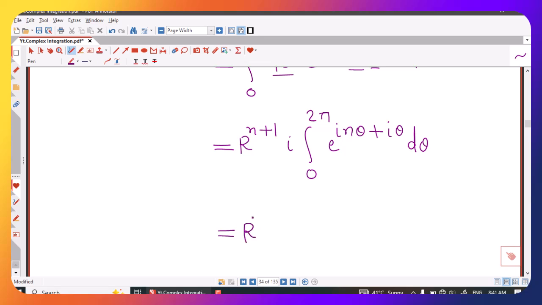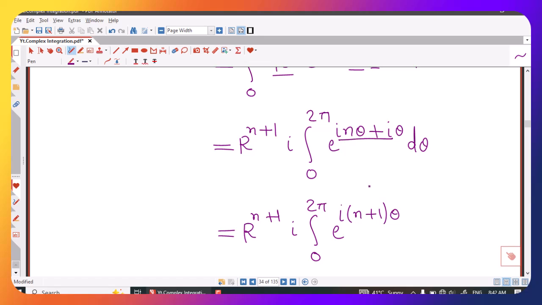And now these are simple calculations. r raised to n plus 1 i, we can take i theta common. So I take i theta common, so i (n plus 1) theta.